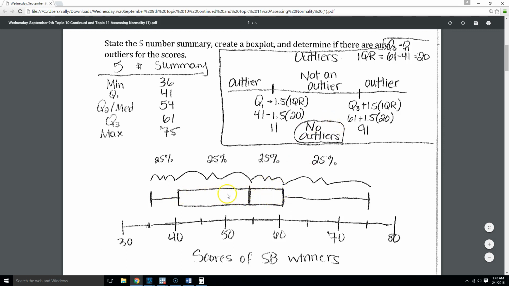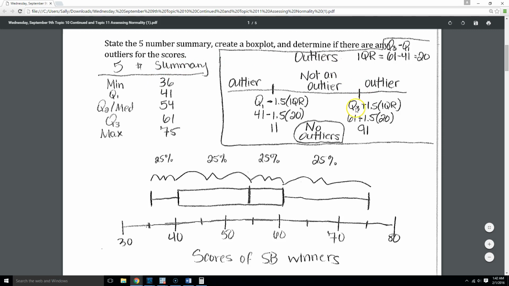So we're using that as the amount of distance that we're willing to allow to be normal, let's say. And then we give that distance 1.5 its length. So 41, our first quartile, minus 1.5 times that distance is 11. And there are no scores that are less than 11. So the lowest score that we have recorded is a 36.